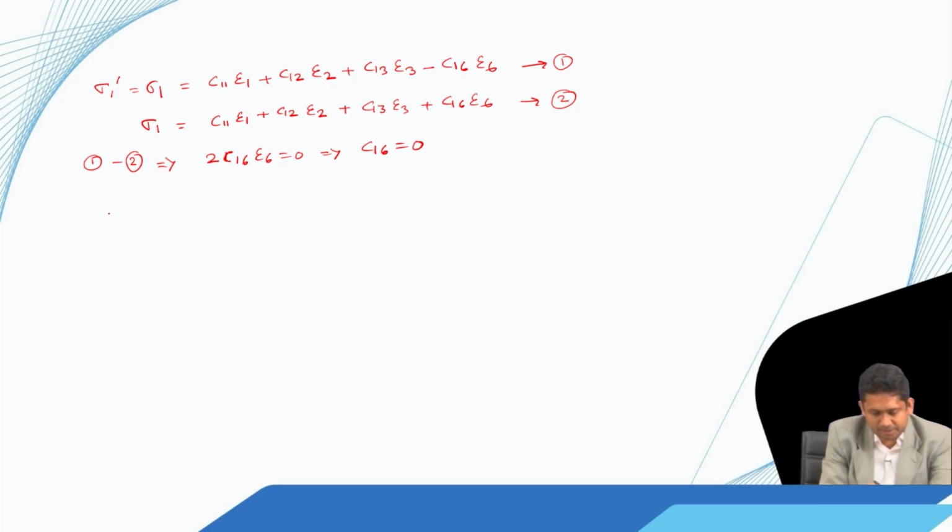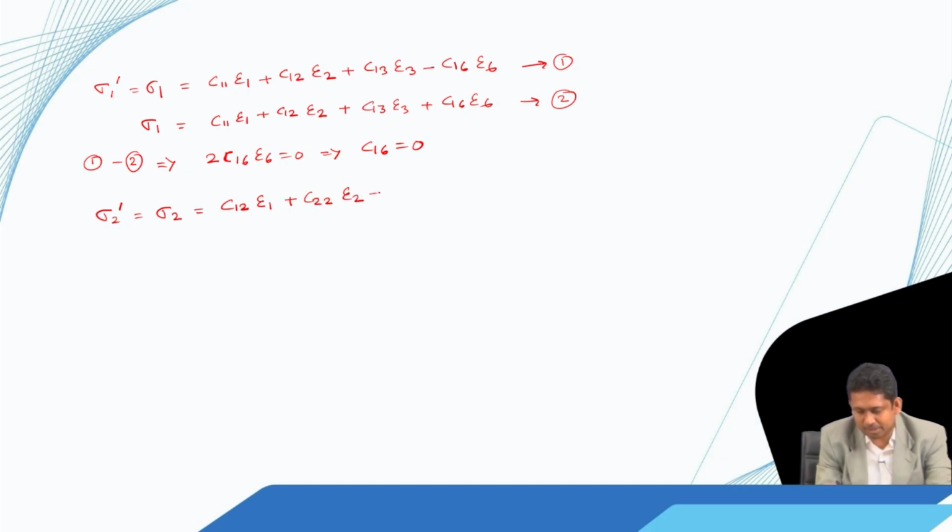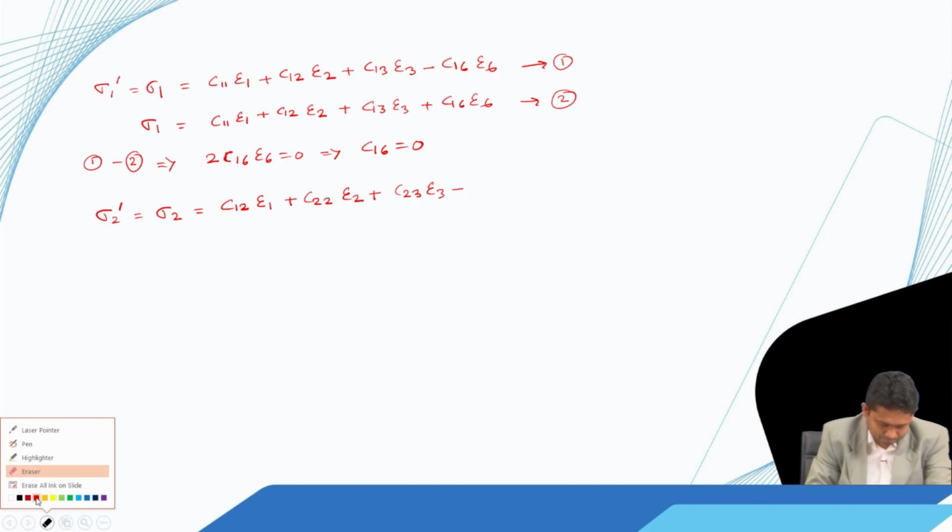Similarly, if I do sigma 2 prime is equal to sigma 2, then we have C12 multiplied by epsilon 1 plus C22 multiplied by epsilon 2 plus C23 multiplied by epsilon 3 minus C26 into epsilon 6.